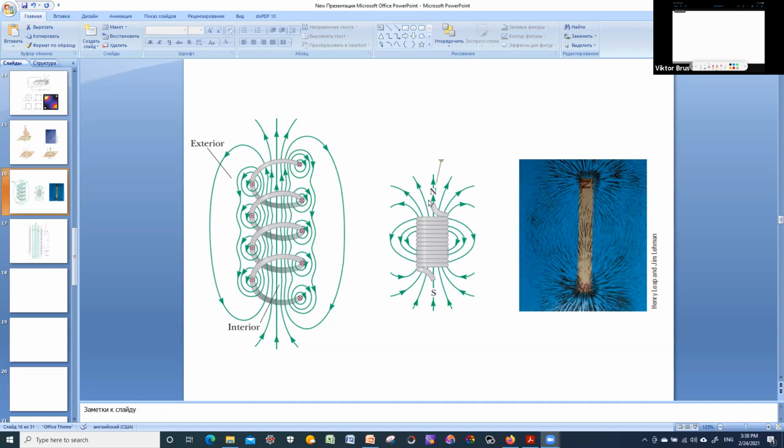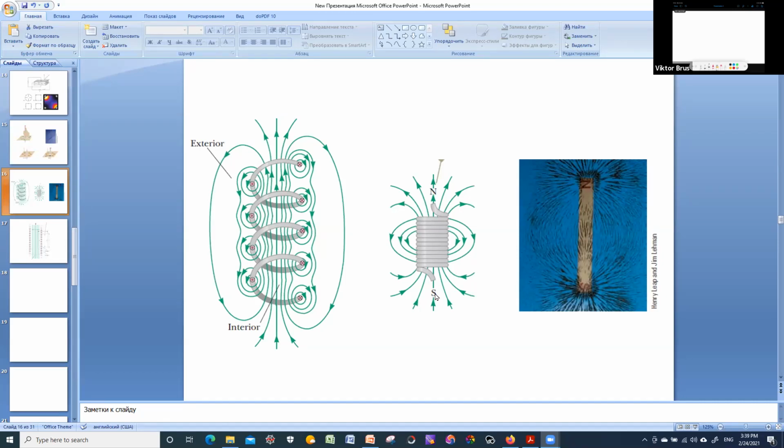The distribution of magnetic field lines of a solenoid is very similar to the distribution of magnetic field lines of a permanent magnet.